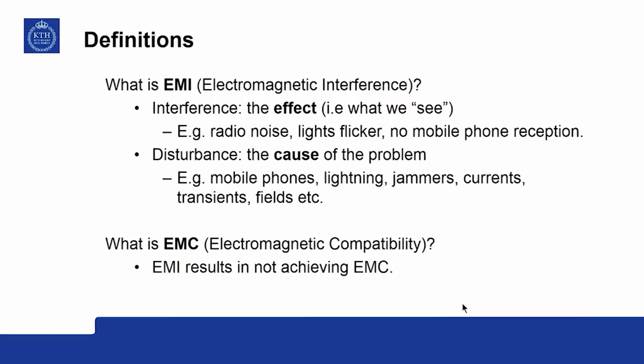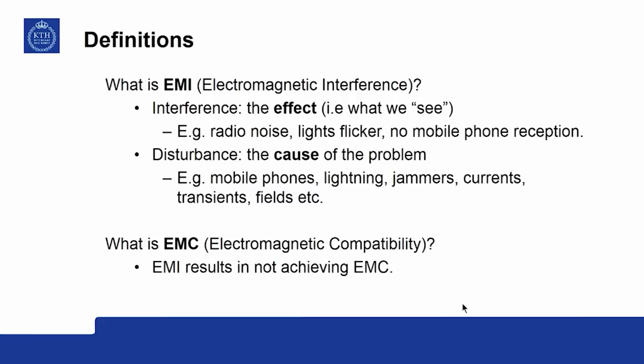And EMC is defined as the absence of an electromagnetic interference issue. When you have an electromagnetic interference issue, you are not achieving electromagnetic compatibility between the source and the receptor. This is called EMC, electromagnetic compatibility. So we say that we achieve it, it's a kind of state.